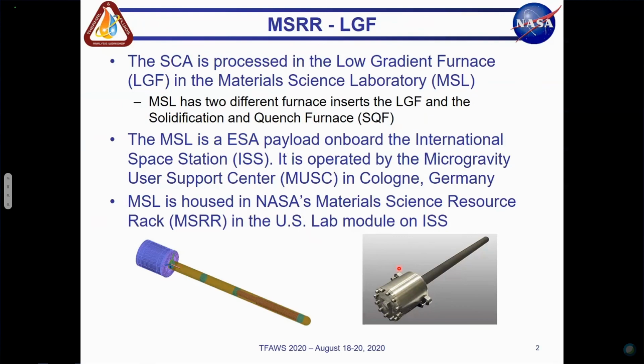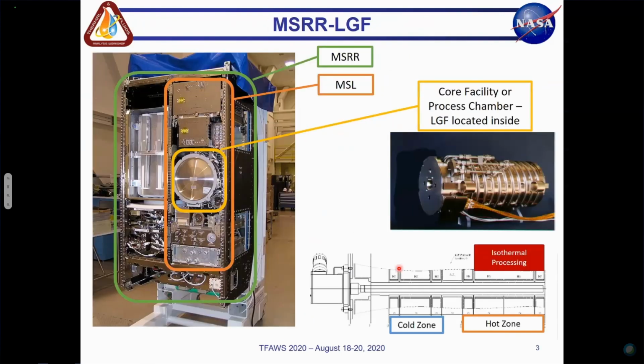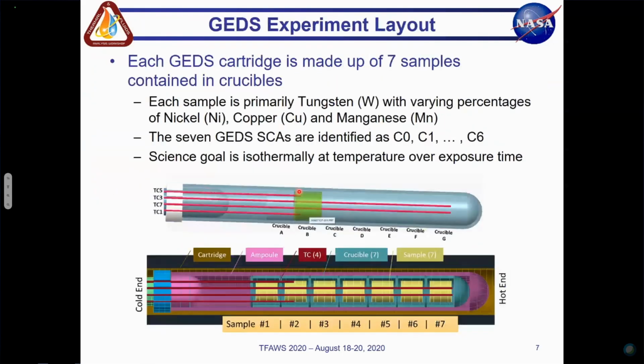That's what the cartridge looks like that is sent up there, right here. We don't have a good image of what the thermocouples look like, but they are very small platinum type. They're type S platinum thermocouples that run down the length of the inside of the cartridge.